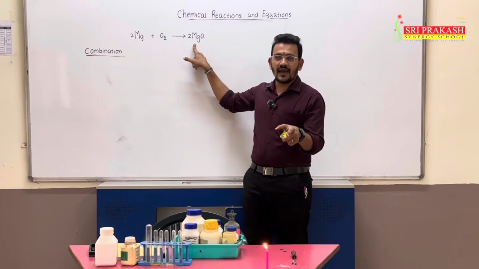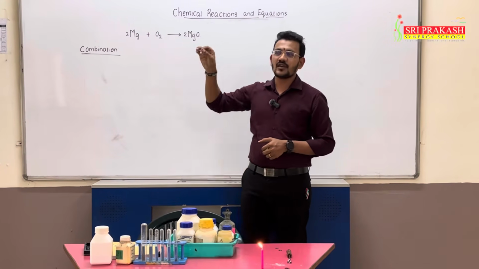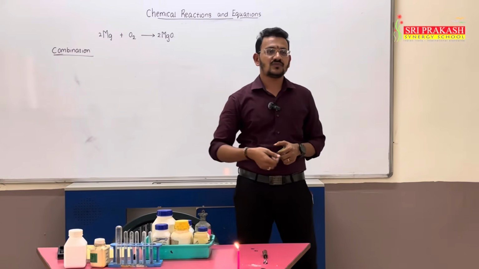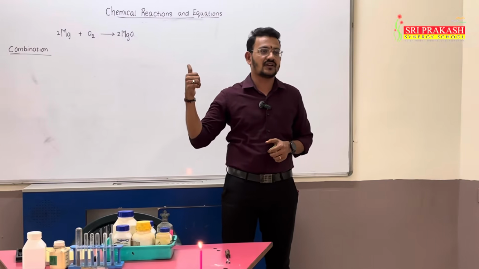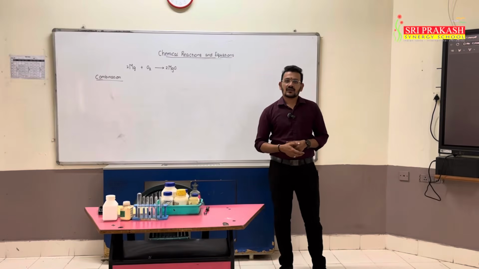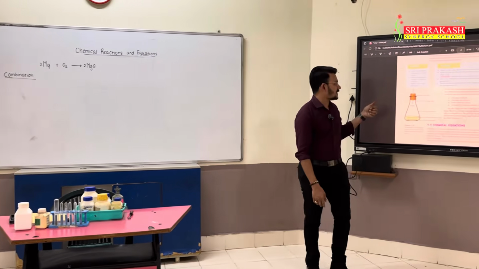The white colored ash is nothing but magnesium oxide. Which type of reaction is this? Combination reaction. Is it easy or difficult? Very easy, right? Now, let us move on to the next activity which is given in the NCERT textbook.